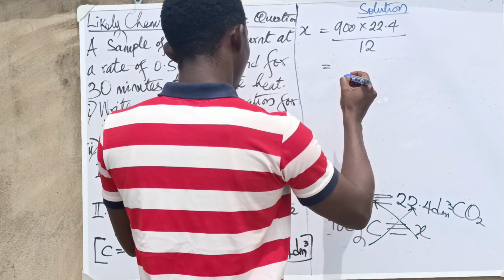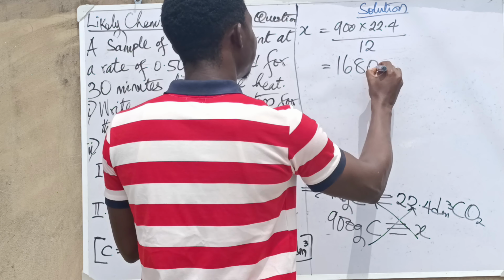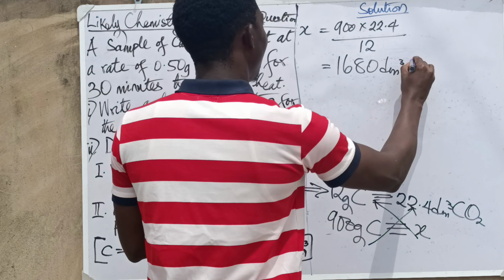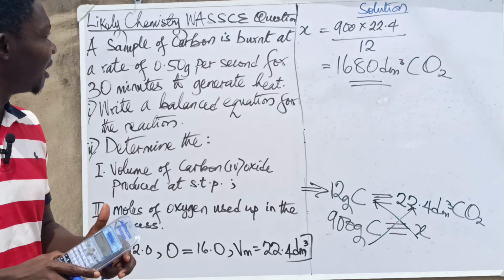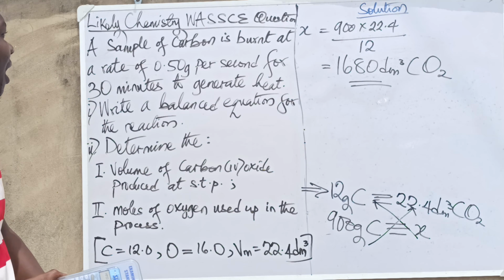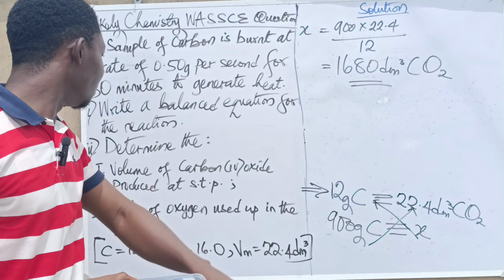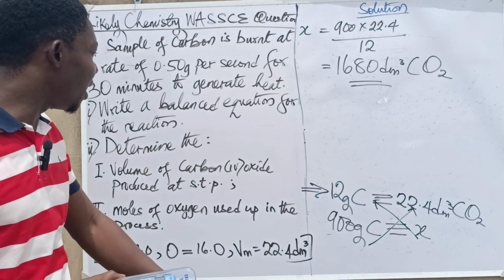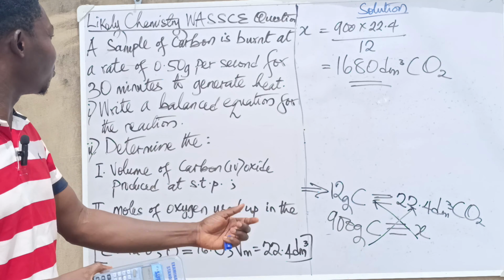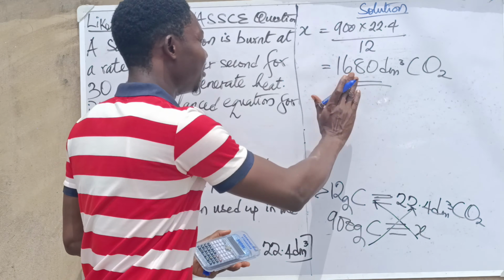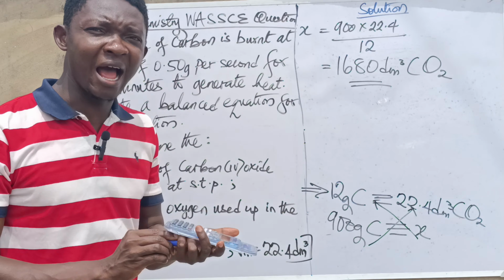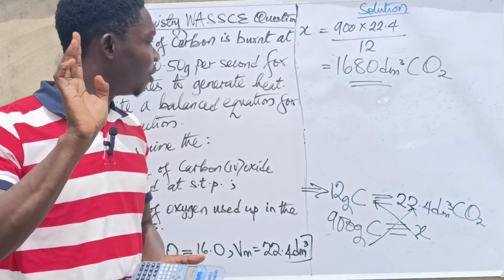It will leave us with 1,680 dm cube of carbon dioxide gas. This indeed is the volume of carbon dioxide that was produced when 900 grams of carbon got burnt, based on what we got from the question. I believe this is very clear and easy to understand.